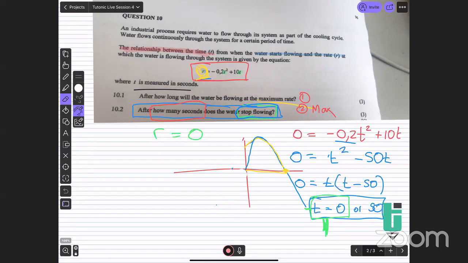But your answer will be t equals 50. So do you see how just understanding what the equation means is so important to answering the question?